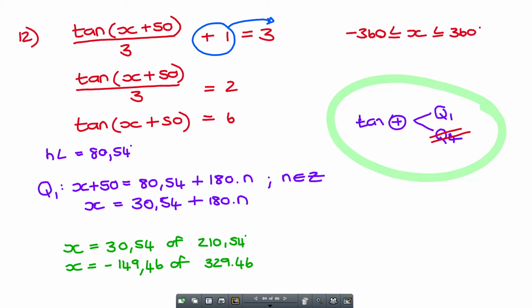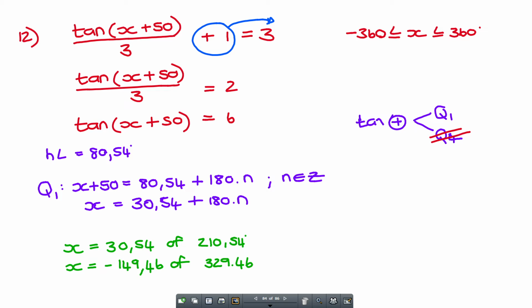Maar, you'd see that I scratched out quadrant 4 over there, because tan has a period of 180 degrees, nee? Hy het mos 'n periode van 180 grade, so ons gaan glad nie na kwadrant 4 kyk nie, nee? Wanneer ons tan se algemene oplossing doen, dan kyk ons net na kwadrant 1 en 2.